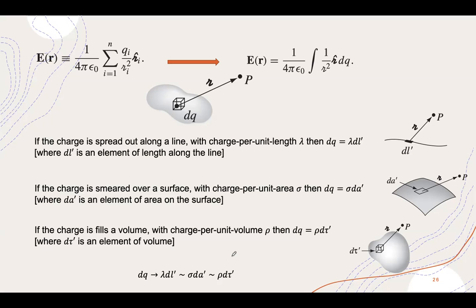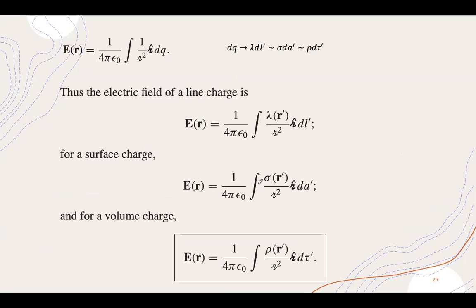And by using this, we can now define our electric field for these three configurations. Generally we replace this dq by lambda dl prime for line charge. You can see here that lambda is a function of r prime, and we're going to see how this r prime is defined in a configuration space.